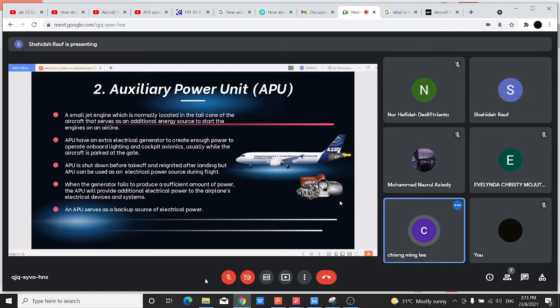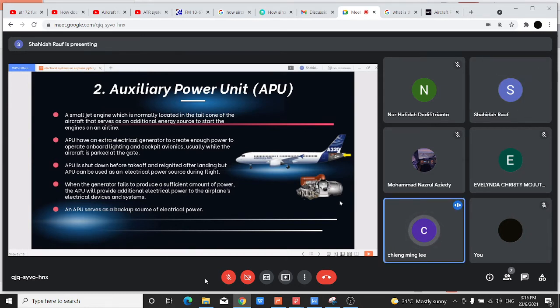But the main thing is the battery must be introduced first before you can connect any power. If you don't have the ground power, then the next thing is you start the APU, which is the auxiliary power unit.